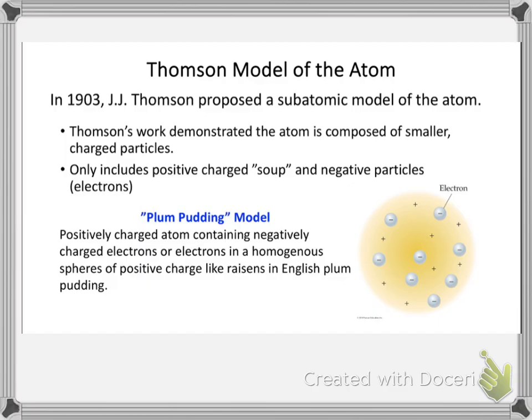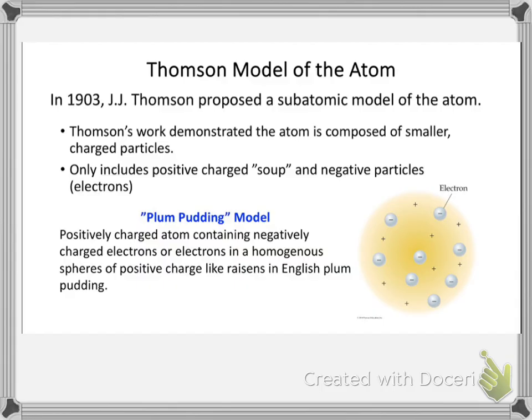But how we envision it is that the atom is positively charged, like a soup of positive charge. And then embedded in it are electrons. He didn't call them electrons, but we now call them negative particles, embedded into this positive atom. And so if positive and negative equal each other, the overall atom is neutral.